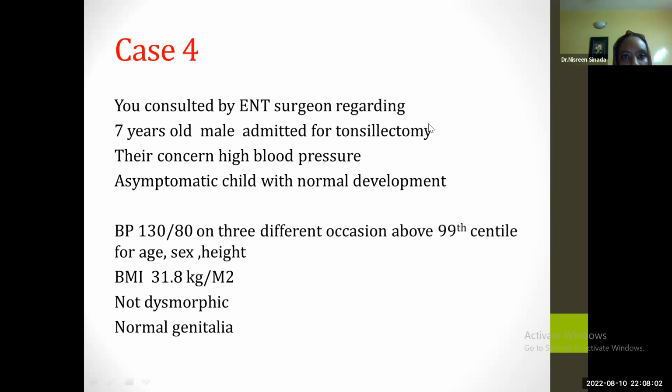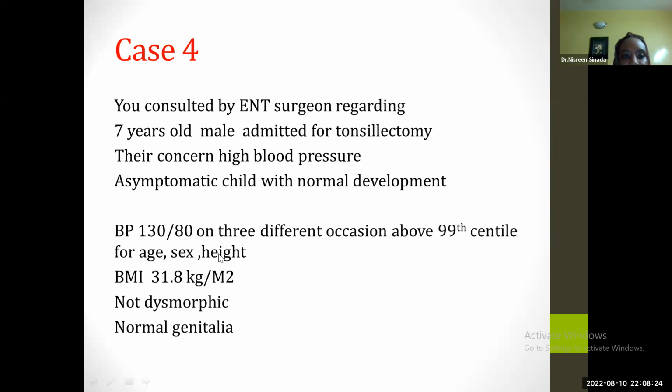Case 4. We were consulted by ENT surgeon regarding a 7-year-old male admitted for tonsillectomy. Their concern, high blood pressure. The child is asymptomatic with normal development.